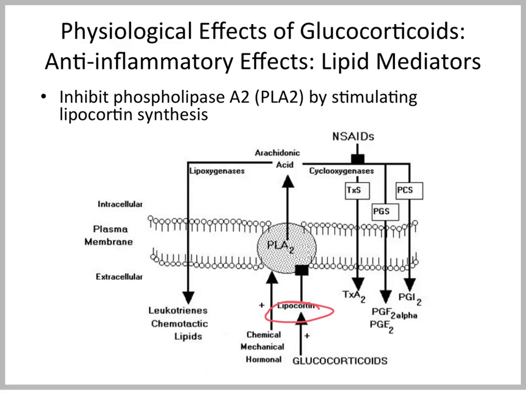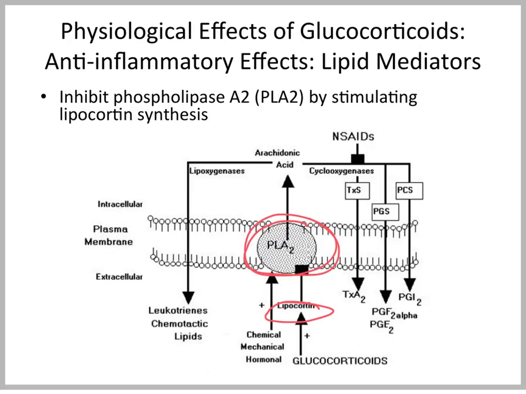It's also important to recognize that this stimulation of lipocortin and suppression of the enzyme activity of phospholipase A2 characterizes the very potent anti-inflammatory effect of glucocorticoids on mediators of inflammation.